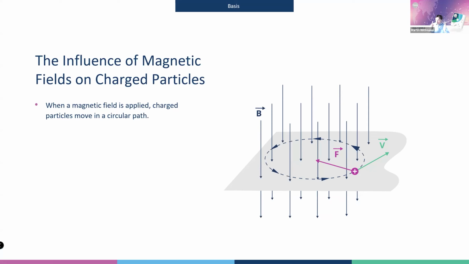And according to this change, you can make an imaging, and that's MRT. So there you are also using the effect that the magnetic field has an influence on charged particles in the body.